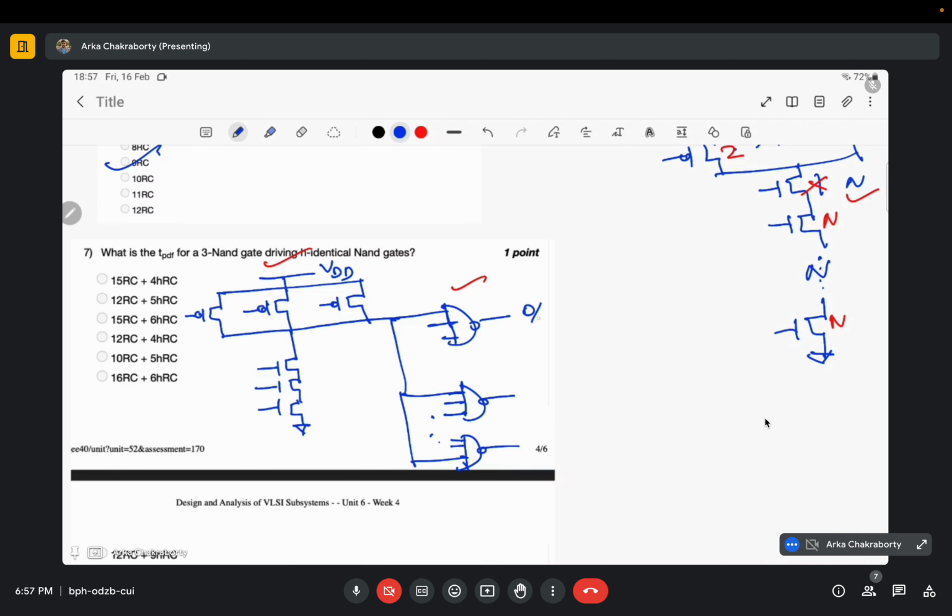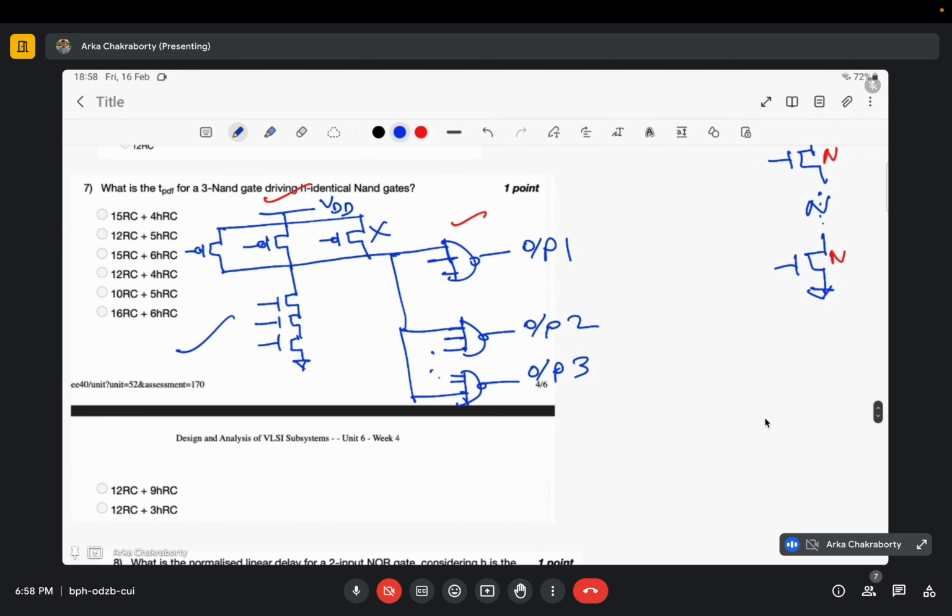This is output 1, output 2, output 3. So they have asked us to find the propagation delay falling. If falling has been asked, I don't need to consider the pull up network. I only need to consider the pull down network.